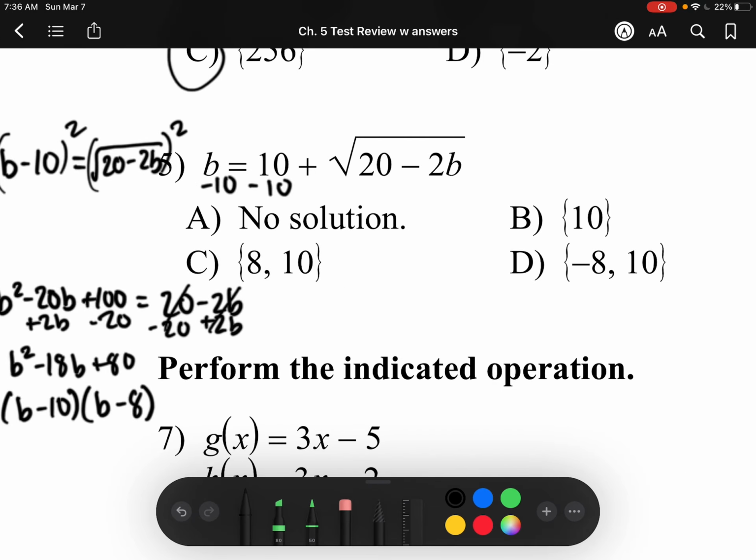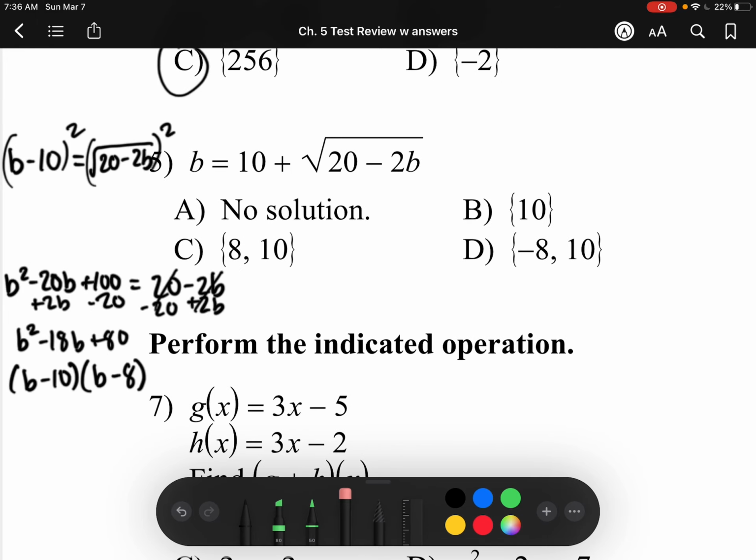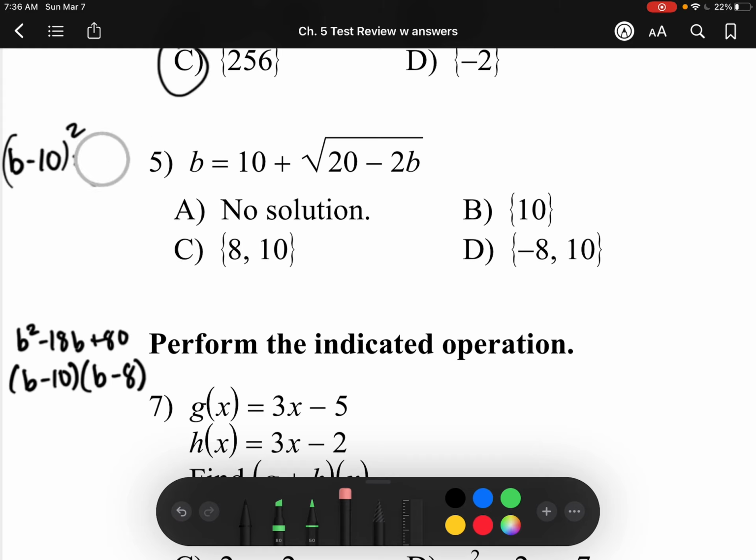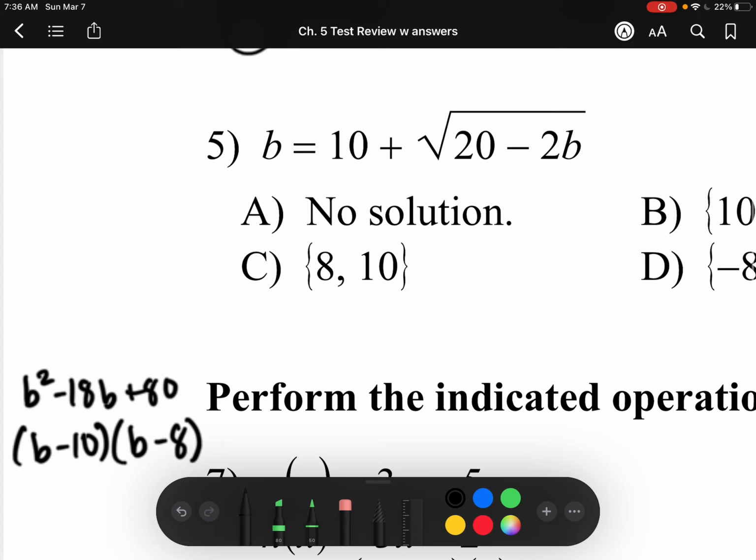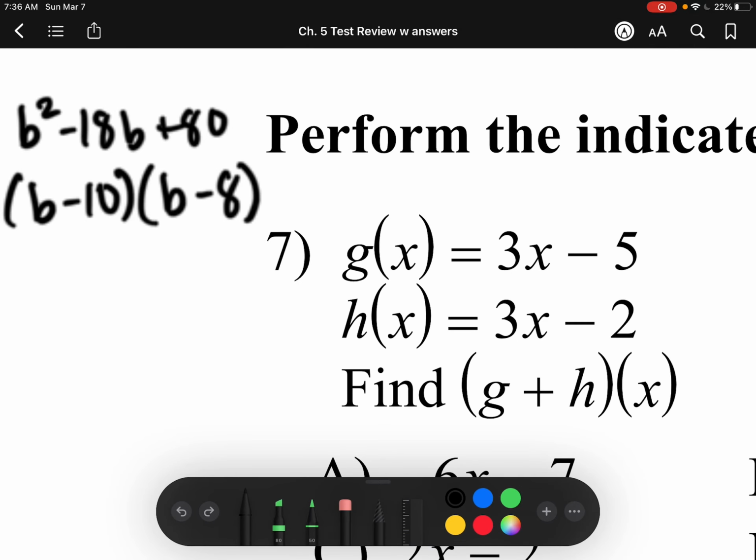All right, so for this one, I'm going to check for extraneous solutions. I need to erase some stuff, so I'm going to erase this right here. I'm going to erase this as well. So first, let's solve. b minus 10 is equal to 0, so you get b is equal to positive 10, because you add 10 to both sides.